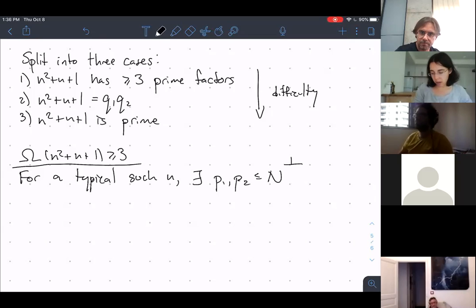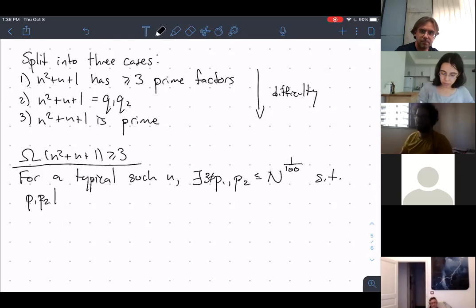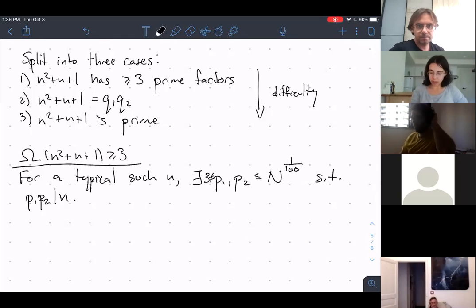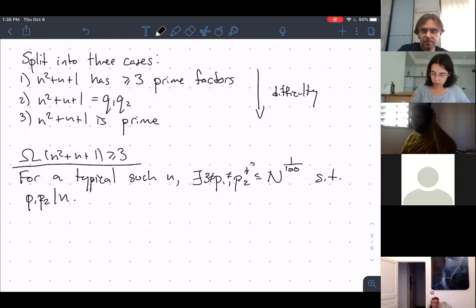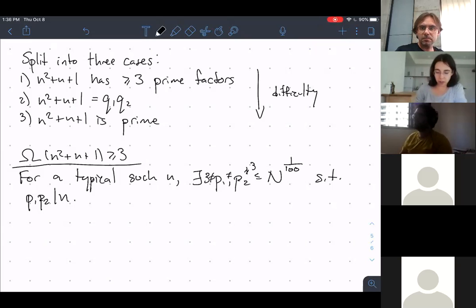So smaller than like n to the 1 over 100, such that P1 and P2 divide n, and these are distinct primes. And the contribution of the n such that n doesn't have these 2 small prime factors, and n is also the order of a perfect difference set, can be bounded in a similar way to what I'm about to describe for this case. So for typical such n, we have 2 small prime factors dividing n.